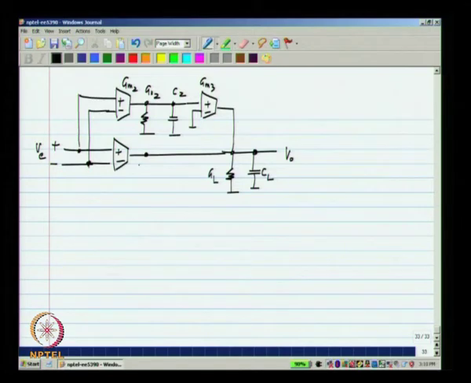So, the first thing is we can analyze the DC gain very easily as usual by opening the capacitors. And what will be the DC gain of this? If I apply VE here, the voltage that appears there will be GM2 by GO2 times VE.